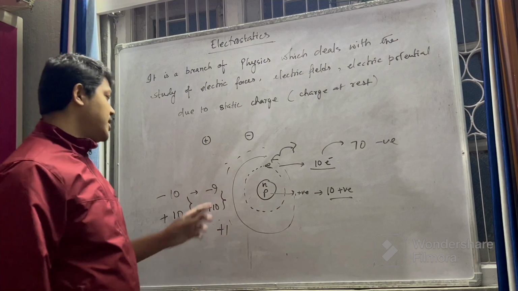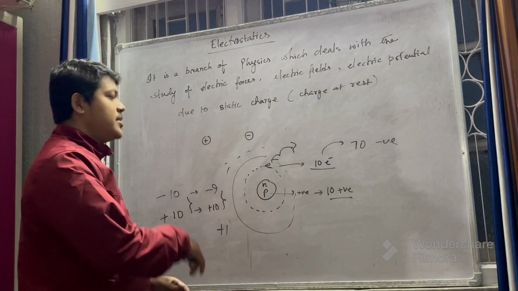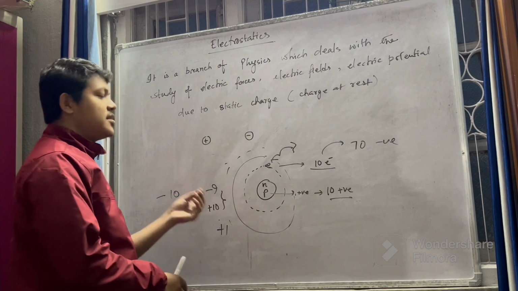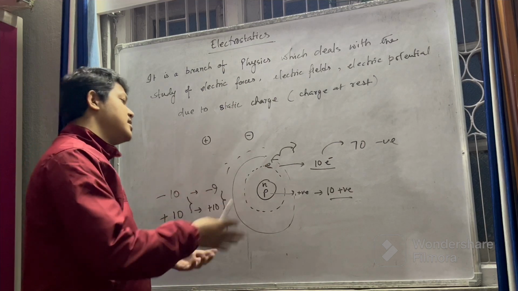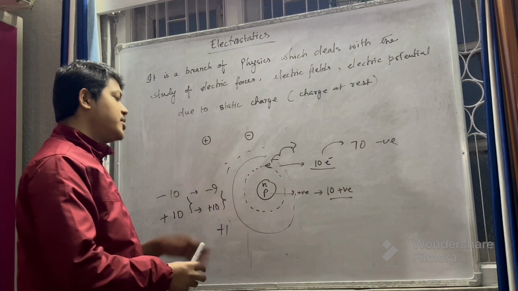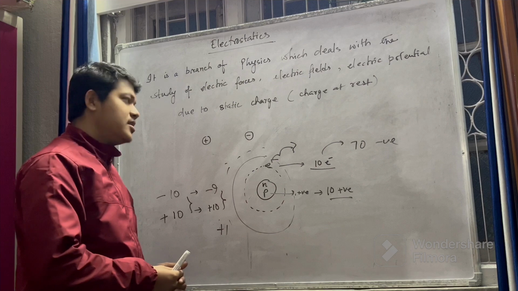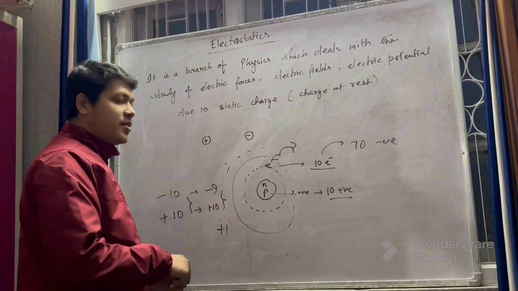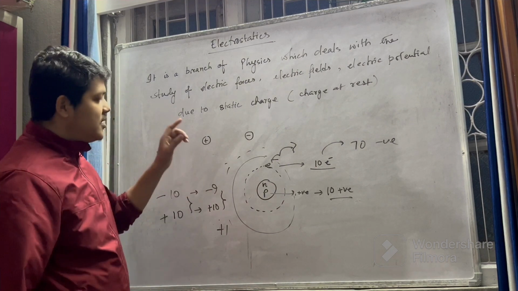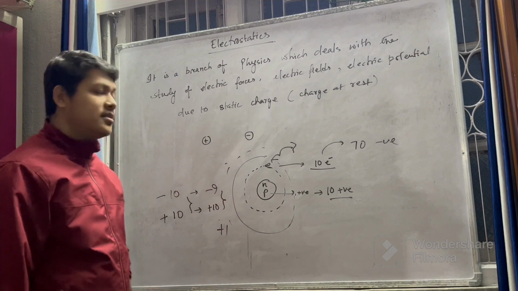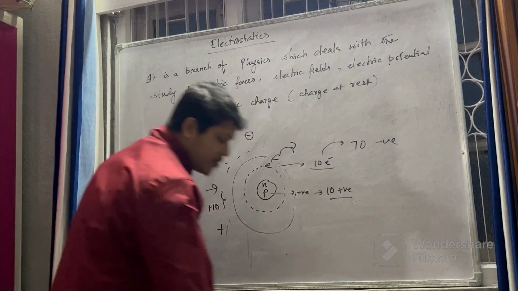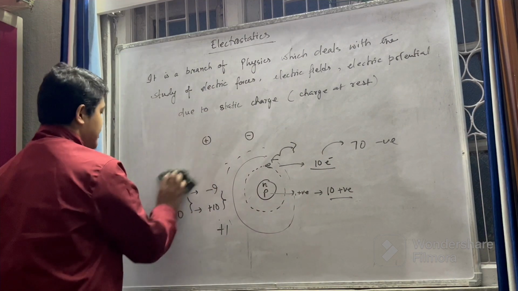When you remove an electron, it will appear as positively charged, because the electron is negatively charged. One negative charge is removed, then the positive charge will be one more than the negative charge. When you add electrons from outside, then it will appear as negatively charged. So hope you know these things, right?